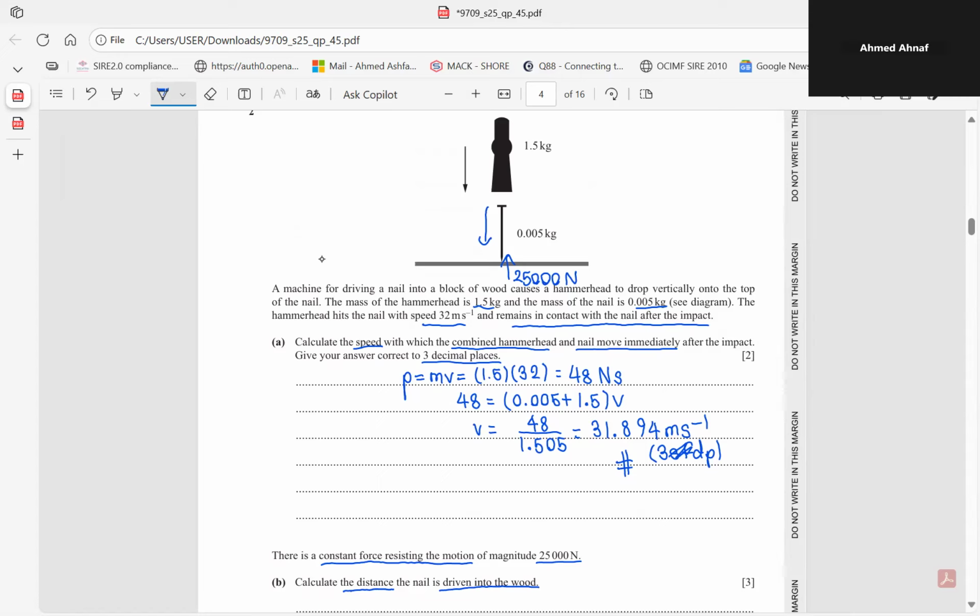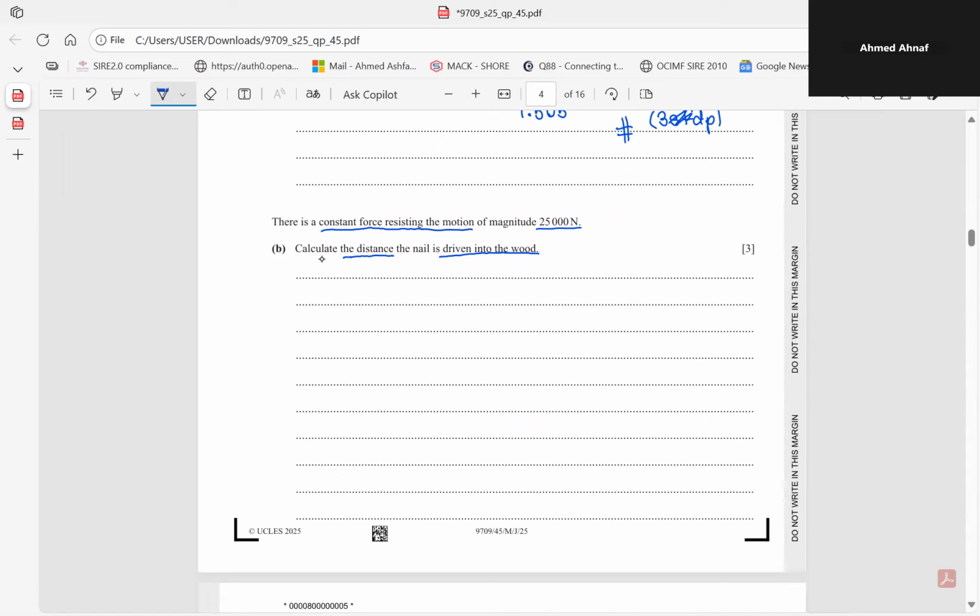So the weight would be the force as well, the nail's weight. So this would be the force that's driving it down.